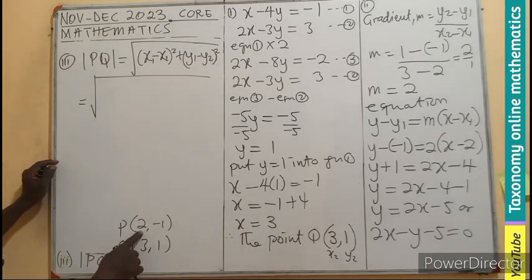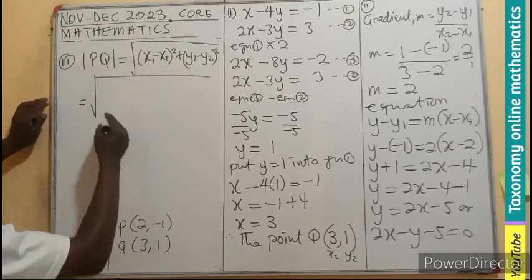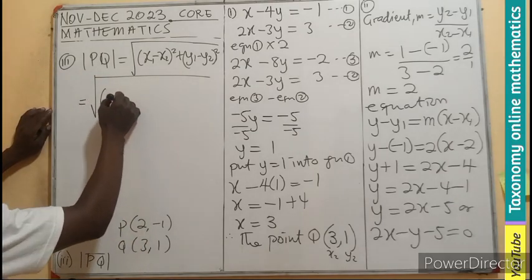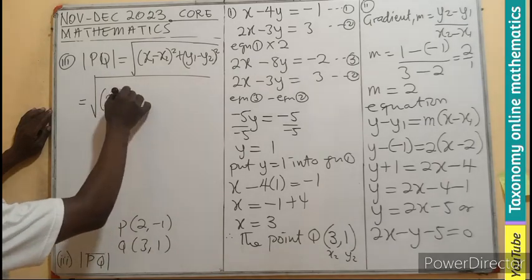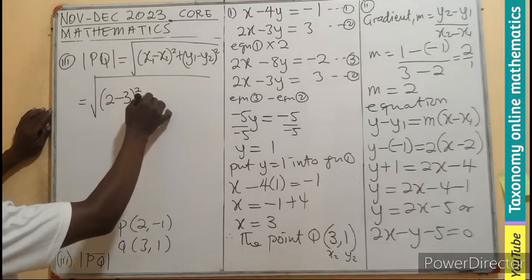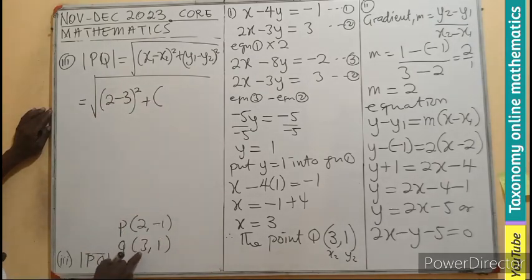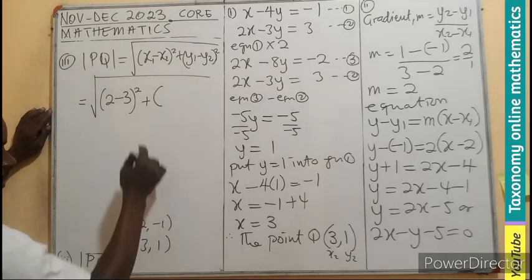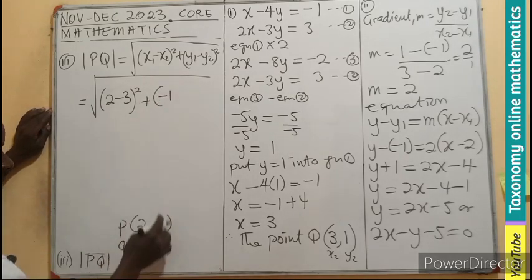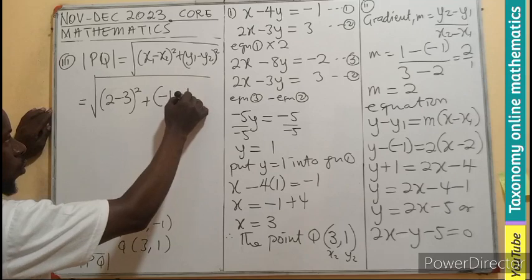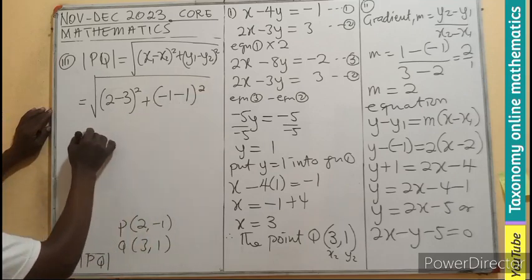If I use P first, that is my x1, so I have (2 minus 3) squared, plus y1, which is negative 1, minus y2, which is 1, all squared.